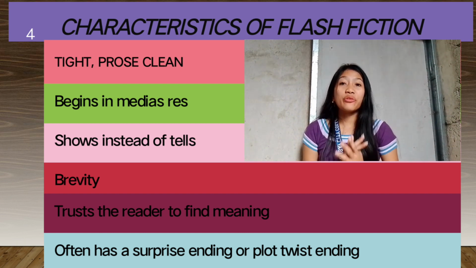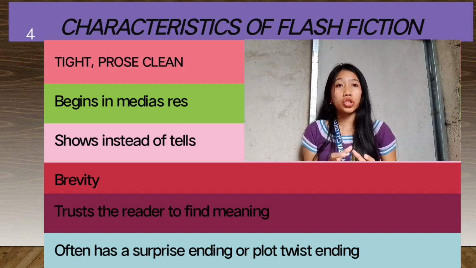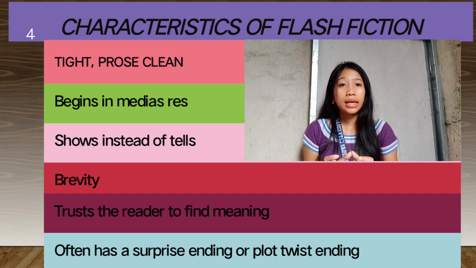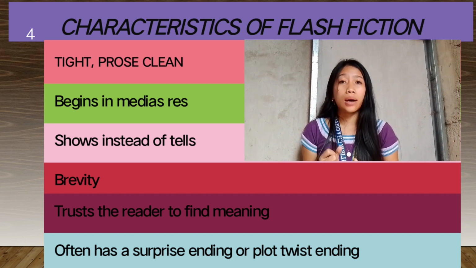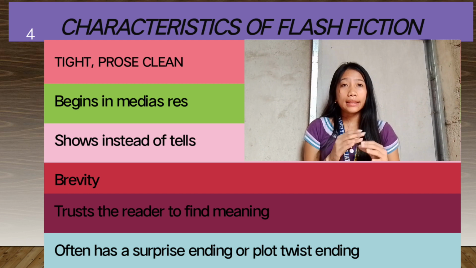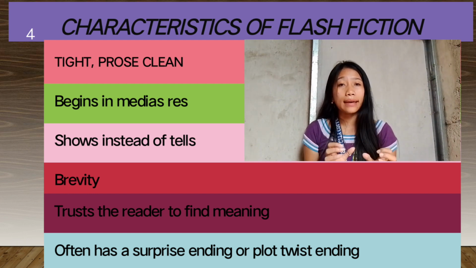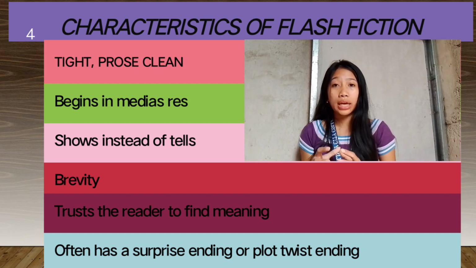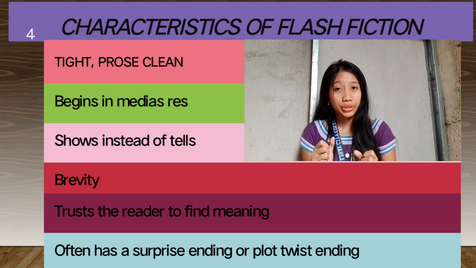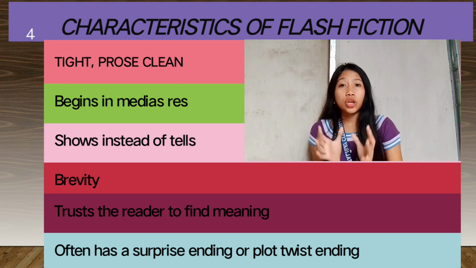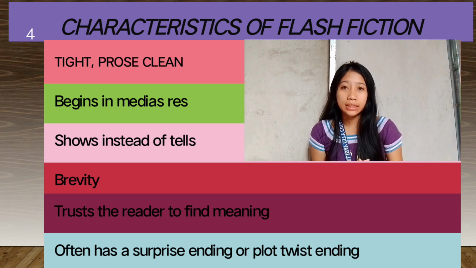Next, brevity. Flash fiction compresses an entire story into the space of a few paragraphs. But even if it is shortened, it still has the beginning, middle, and end, or a complete plot that explores memory and emotion and creates a wild impact on the readers. Next, trust the readers to find meaning.